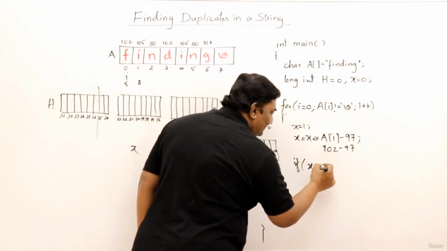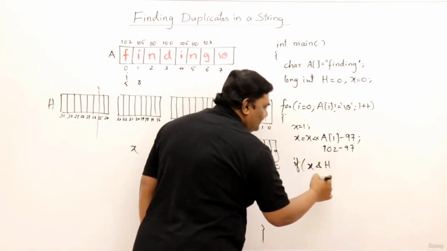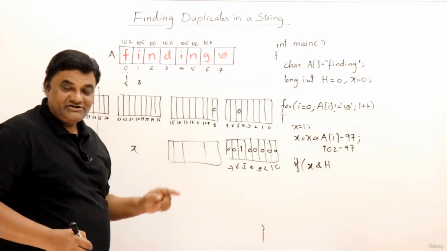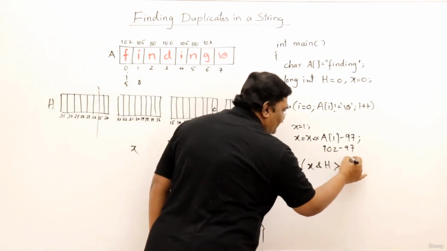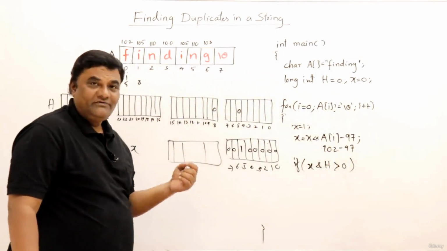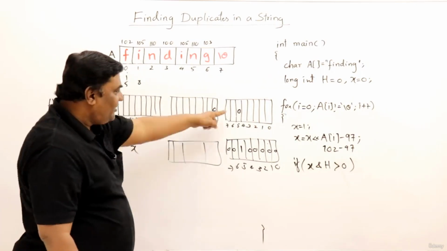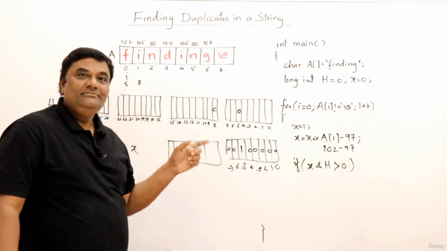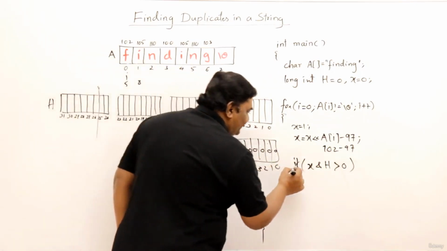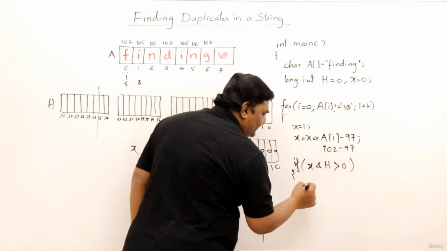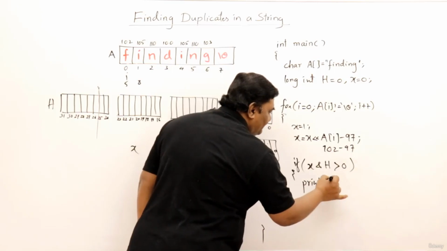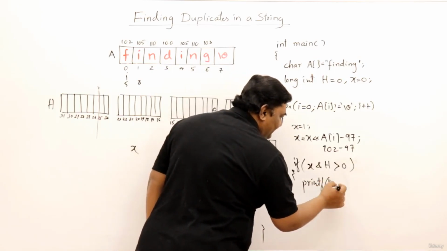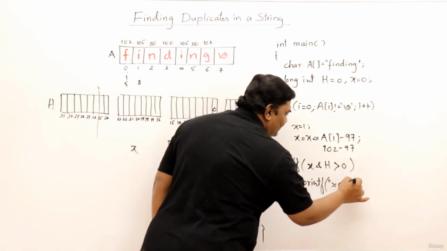So X and H. If the result of ANDing X and H is greater than 0, we got some non-zero value. If that is off, we get 0. If that is on, we get a non-zero value. If it is so, then print that the letter is duplicate. So printf %c is duplicate.